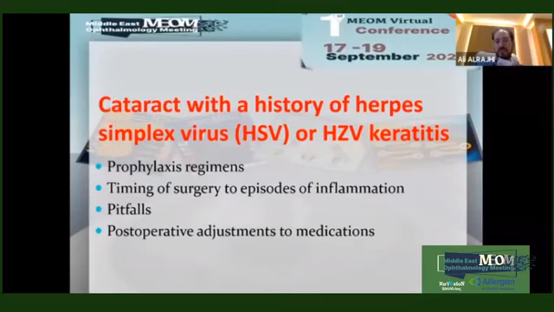And the treatment for corneal edema of herpetic keratitis without any epithelial problems is usually steroids. Sometimes we cover it with topical antiviral.